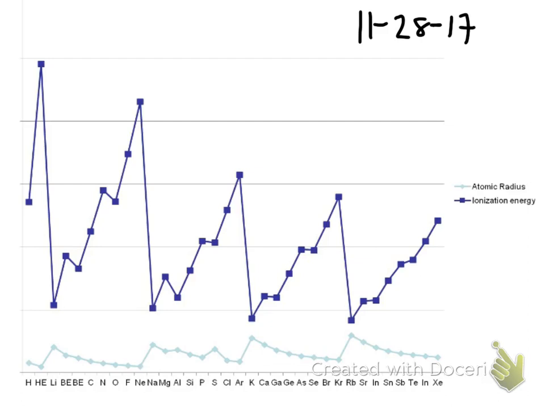If they've got a better grip on those outer electrons, it also means they're harder to strip away. So when we see high ionization energy, we tend to see low atomic radius.